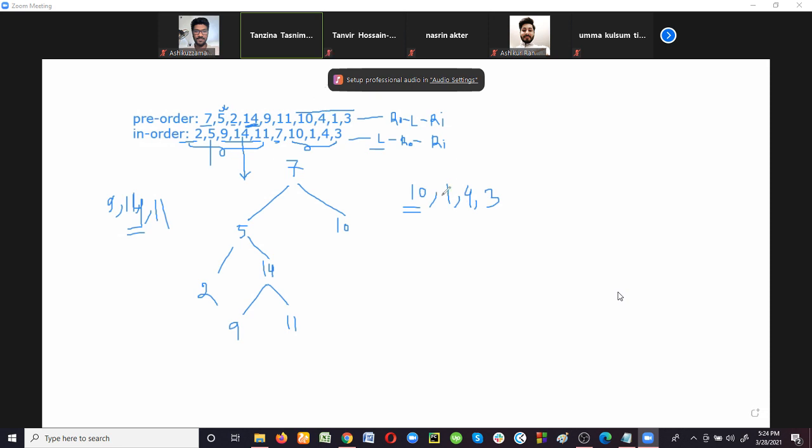So among those 3 nodes, 1, 4, 3, which one appears first? 4, which means 4 is the right child of 10, or now it's the root node. So now find out that node in the in-order traversal. So if it is the root node, its left child will be 1 and right child will be 3. So in this way we can create the tree when 2 orders are given.